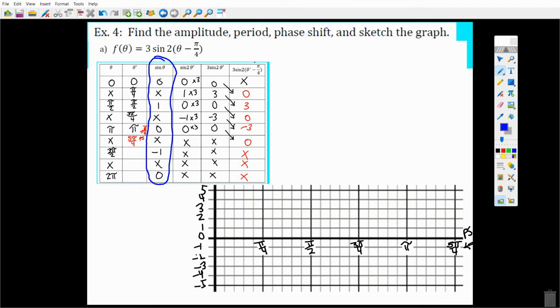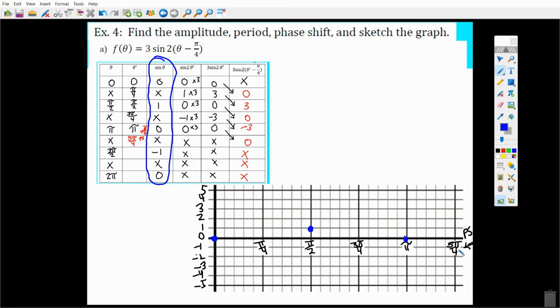I don't think I did, but we know the values anyway. So for sine theta, at 0, it's 0. At pi over 2, it's 1. At pi, it's 0. And the rest of these, at 3 pi over 2 and 2 pi, are not in there.